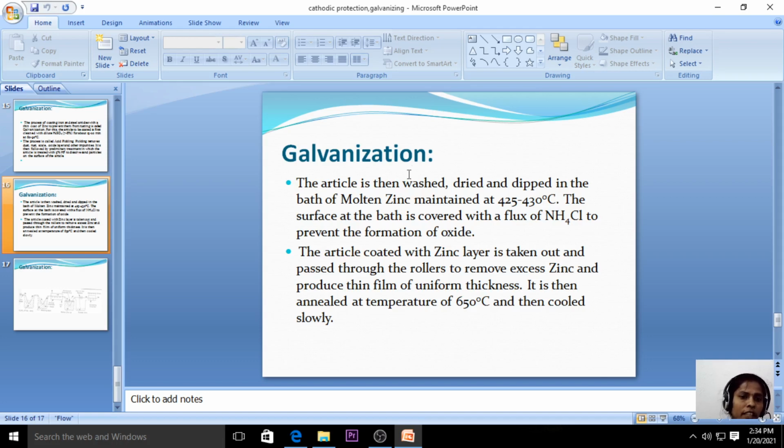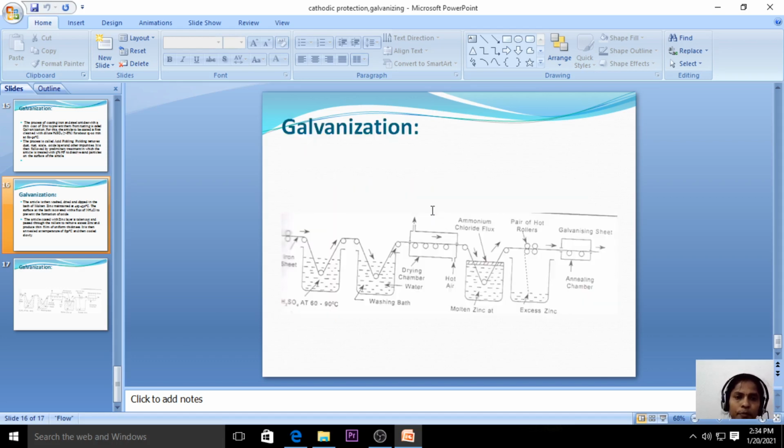But when the base metal is dipped in the zinc solution, it may be coated with an excess amount of zinc. So to remove the excess zinc, the base metal is passed through the rollers. Finally, the metal is subjected to the annealing process at 650 degrees centigrade. When we cool this, the base metal is strongly sticking with the zinc metal.